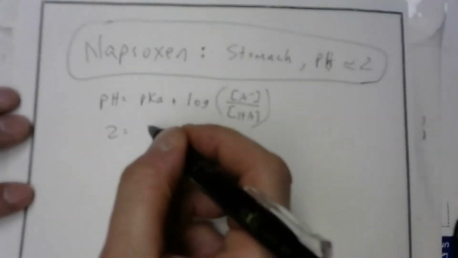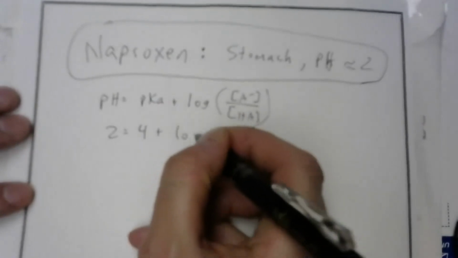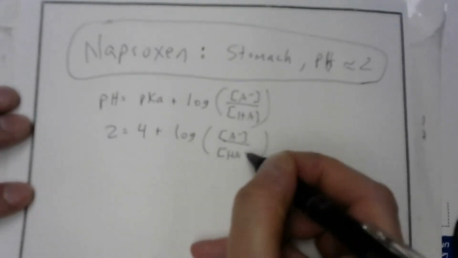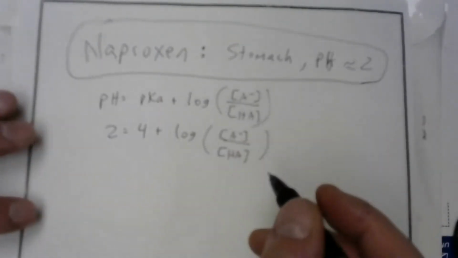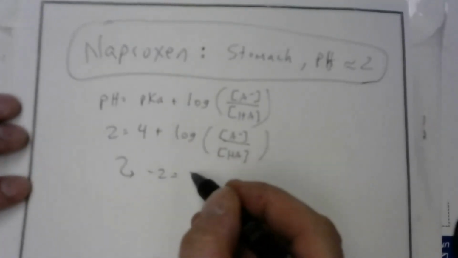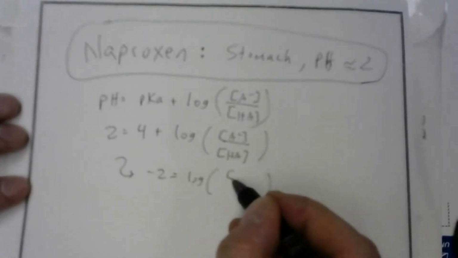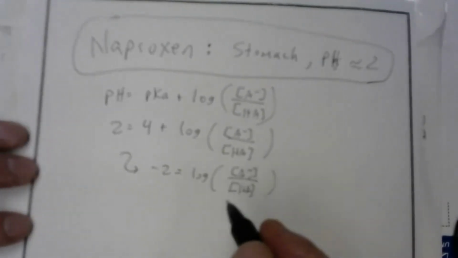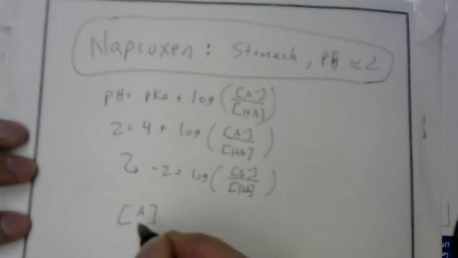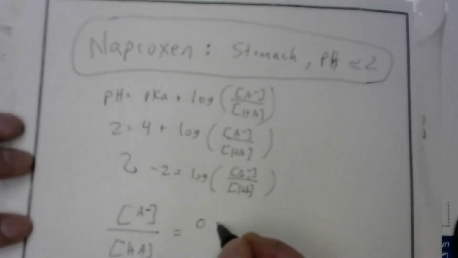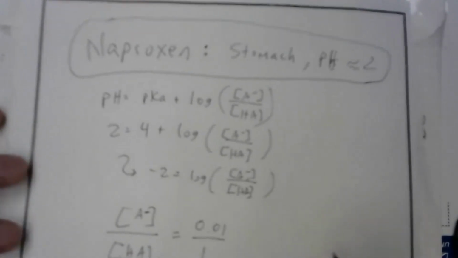So 2 equals 4 plus the logarithm. Basically that means -2 is equal to the logarithm of A- divided by HA, and that is about 0.01 to 1.